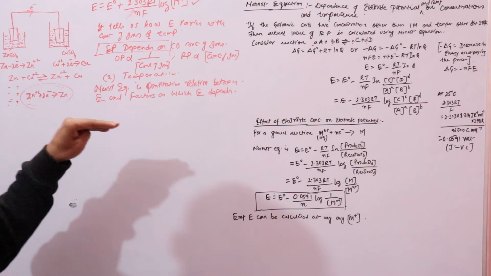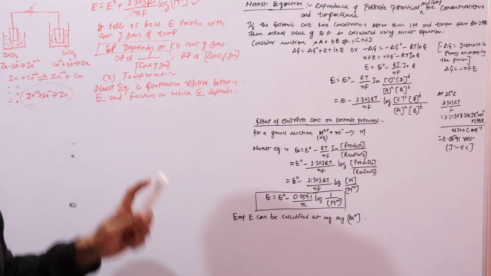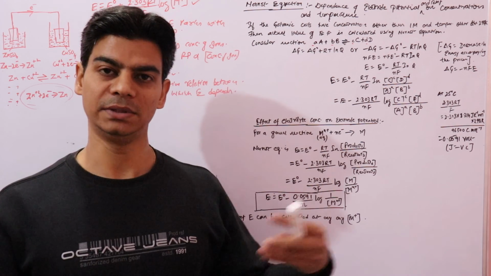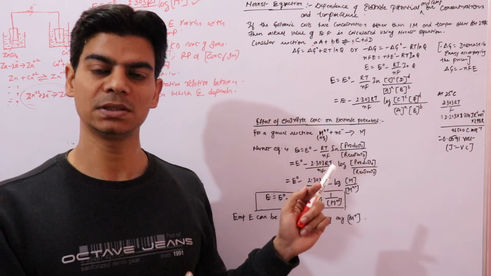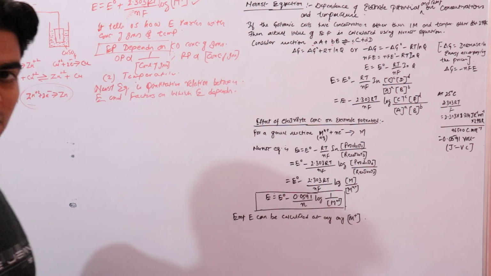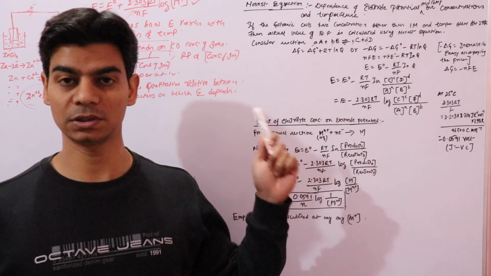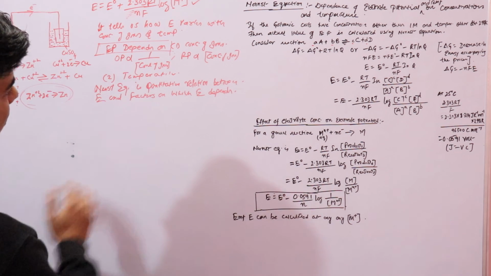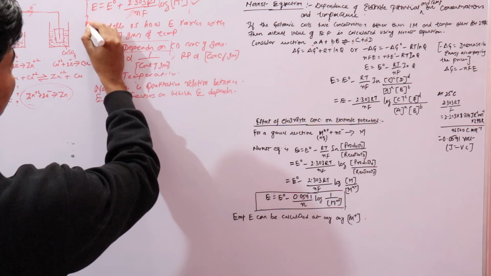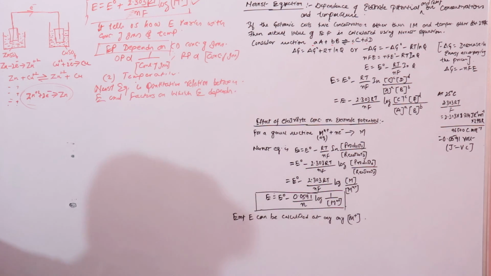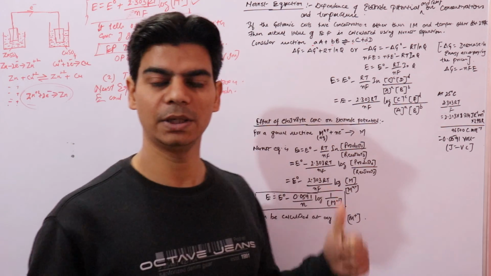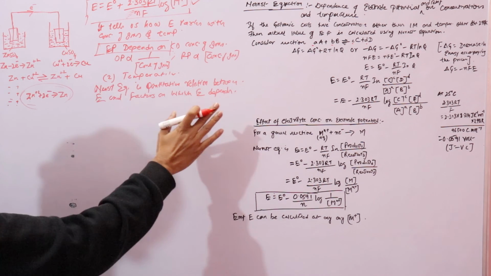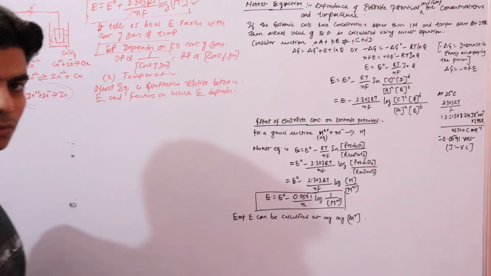This equation was first formulated by Walther Nernst, a German physical chemist, and the name of the equation is in his honor. This is the Nernst equation that we will use in many numericals. We get many numericals on the Nernst equation, so just remember, it's a quantitative relationship of the factors on which electrode potential depends.